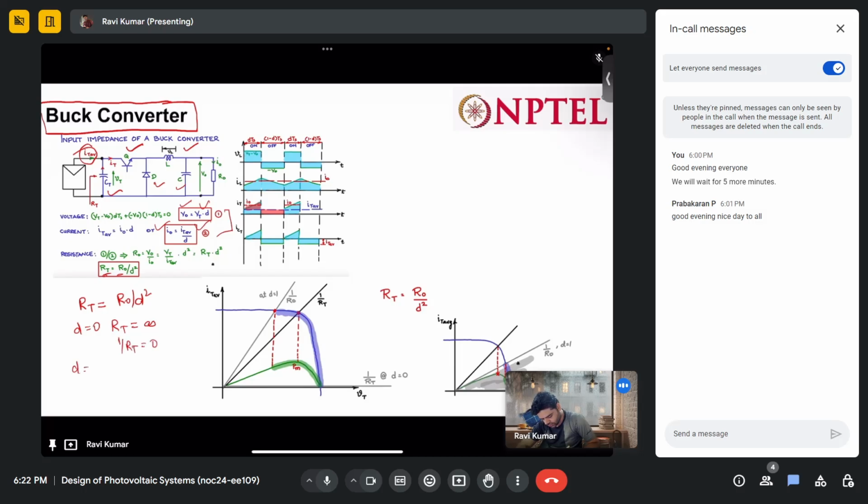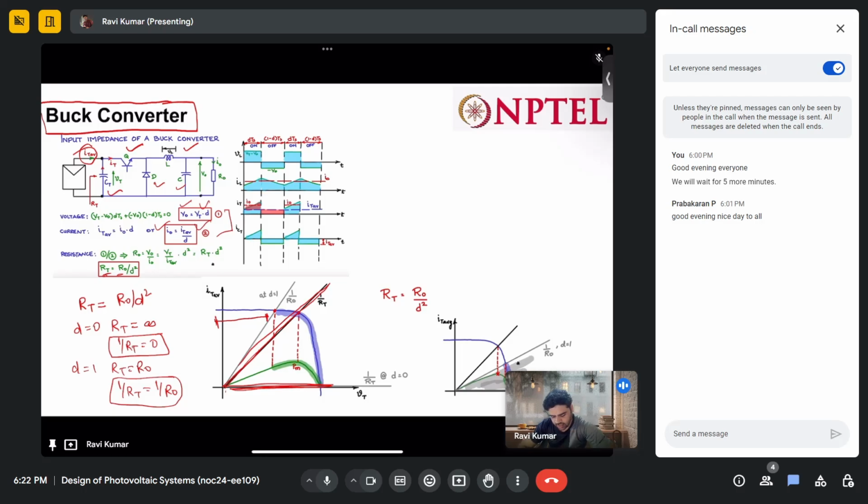For D equals 1, RT will be equal to R naught, or 1 by RT will be equal to 1 by R naught. So it means from 0 to 1 by R naught, from this point to 1 by R naught, only this portion we can track. So this portion we cannot track using this buck converter.